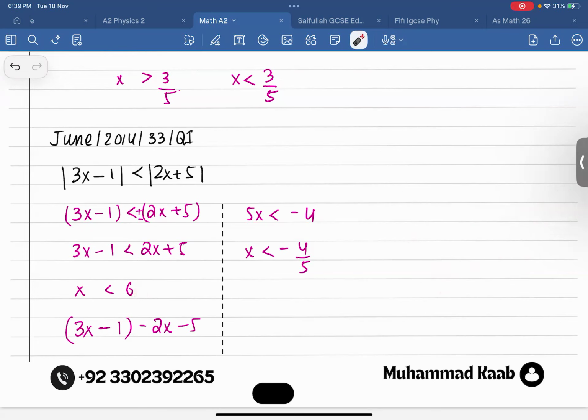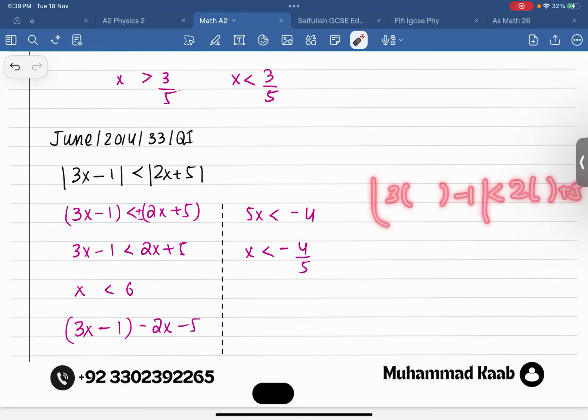And -4 over 5 is -0.8, right? So if we go to -1, let's say, let's see whether it will work or not. So 3 and then -1 modulus less than 2 and then -1 plus 5.